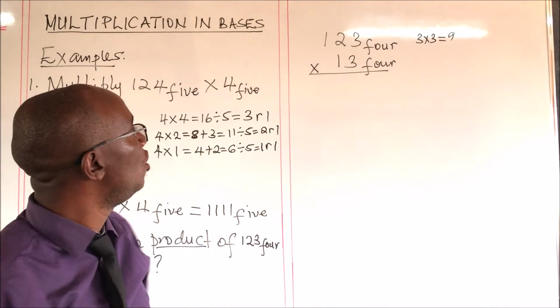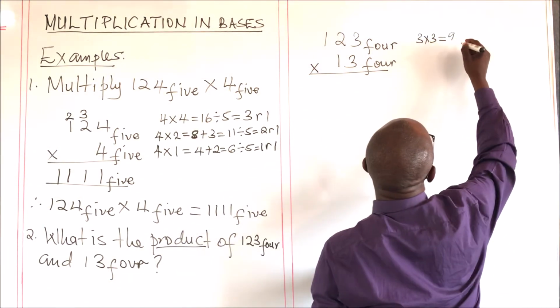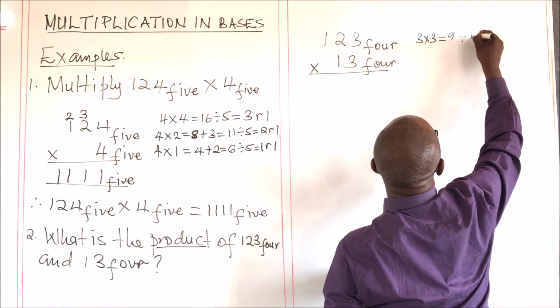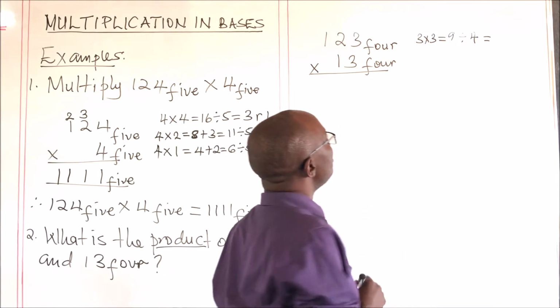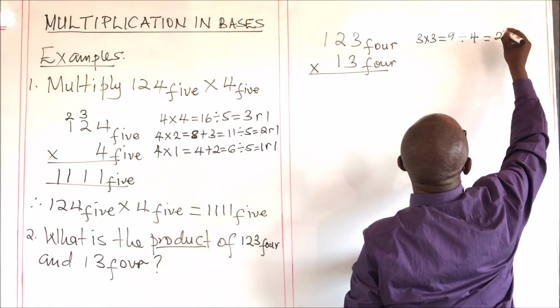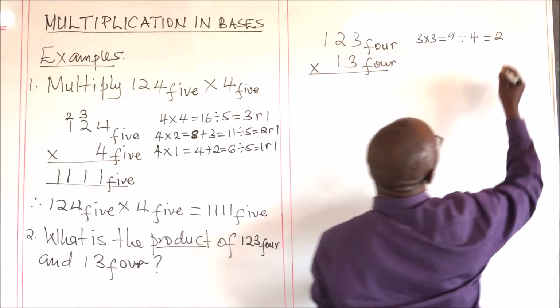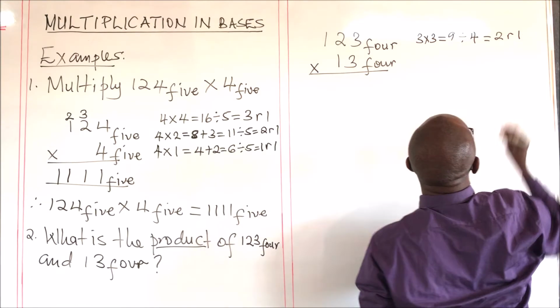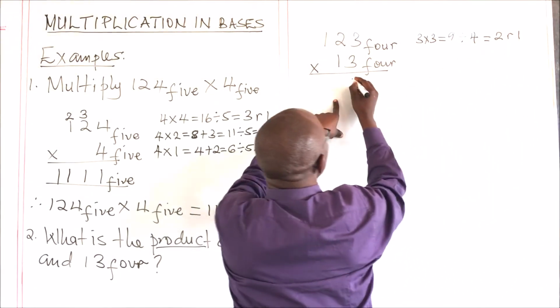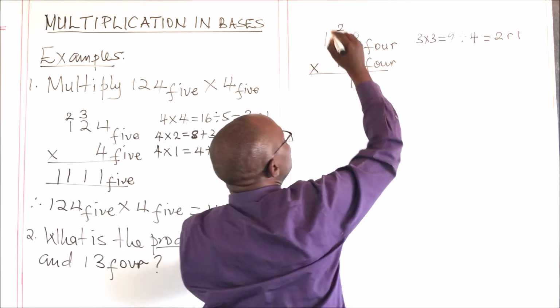So we divide 9 by 4. 4 into 9 is 2 times. 2 times 4 is 8. 9 minus 8, the remainder is 1. So we write the remainder and carry the whole number to the next place value.